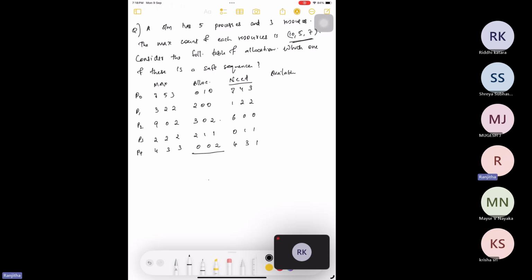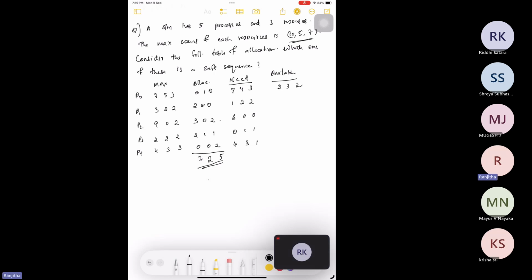Okay, so 2 plus 2, 4 plus 1, 5, 2 plus 5, 7, right? 7, 2, 5 is already allocated. So how many are available now? 3, 3, 2. Right.